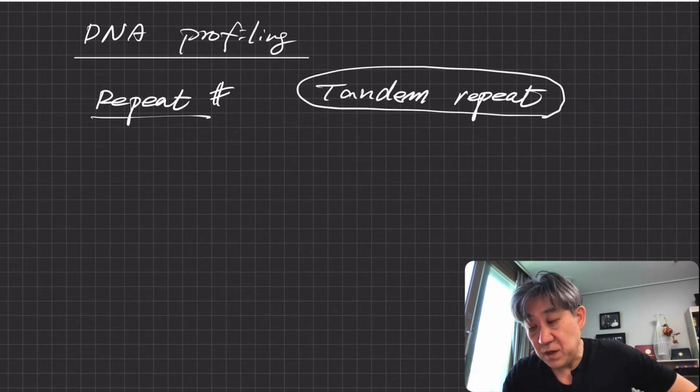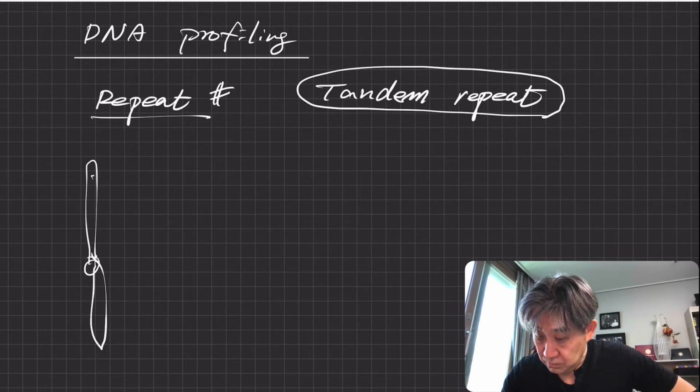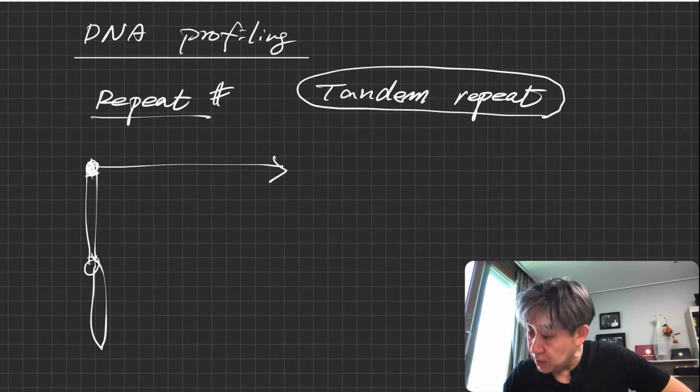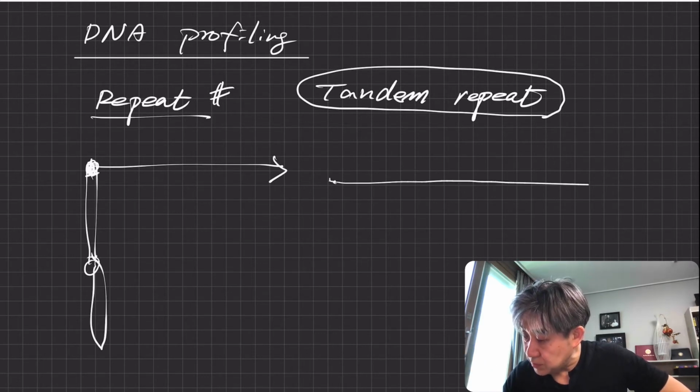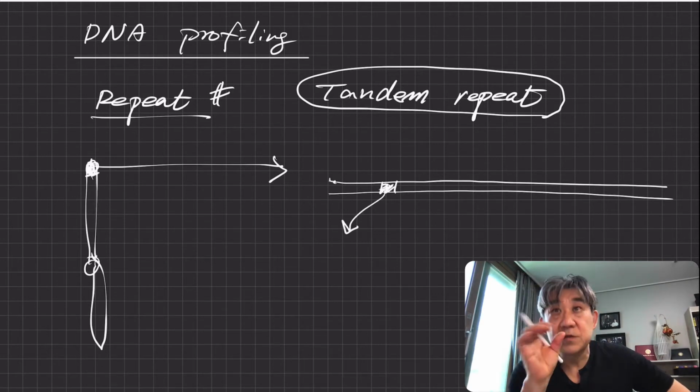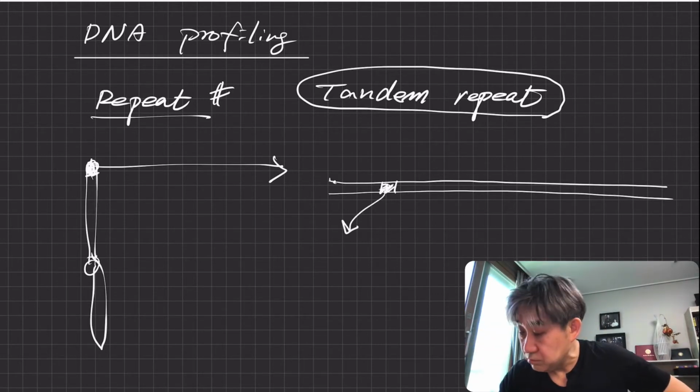What I mean by the repeats, let's say in a certain area of your DNA, this is one region, and this block consists of some DNA sequence, AGGAC, for example.